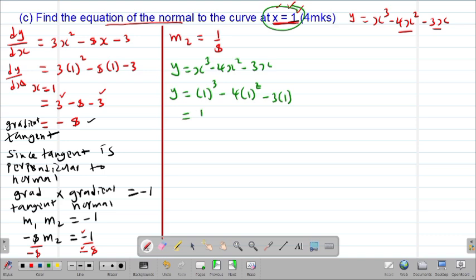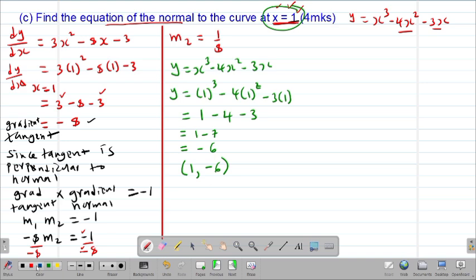So 1 cubed is 1, then minus 1 squared is 1 times 4 gives us 4, then minus 3. So this will be 1 minus 7, which gives us negative 6. Therefore, the point when x is 1 was (1, negative 6).